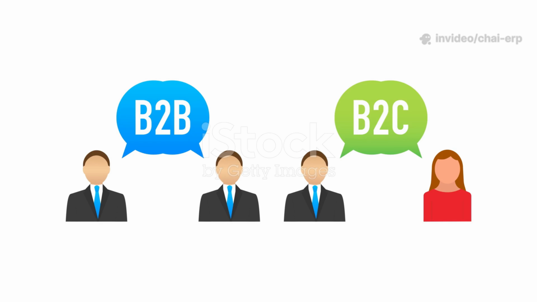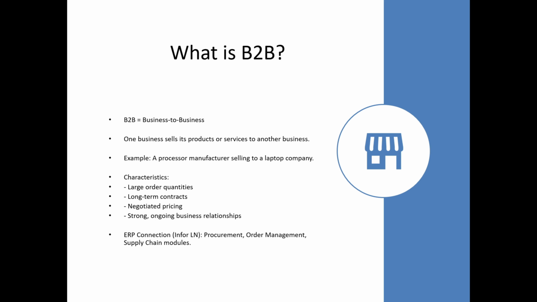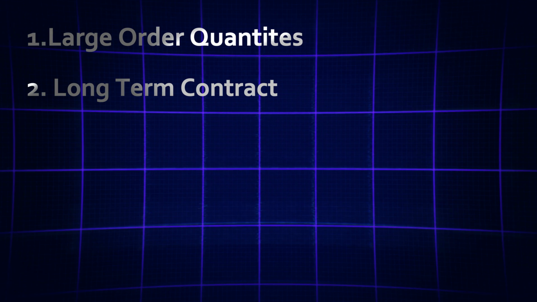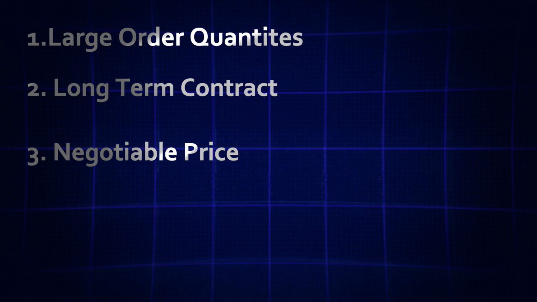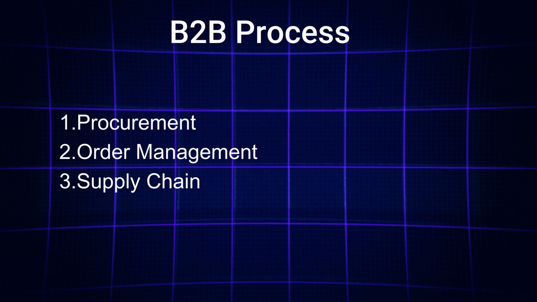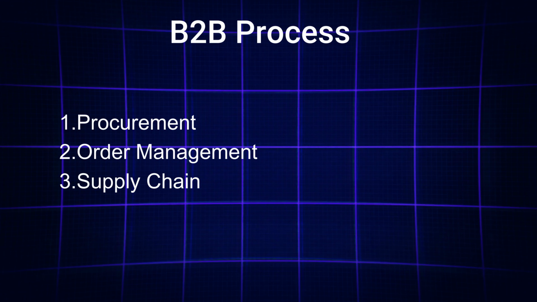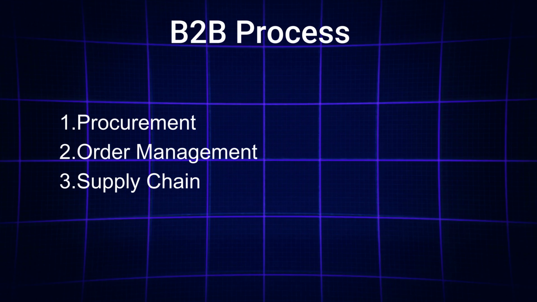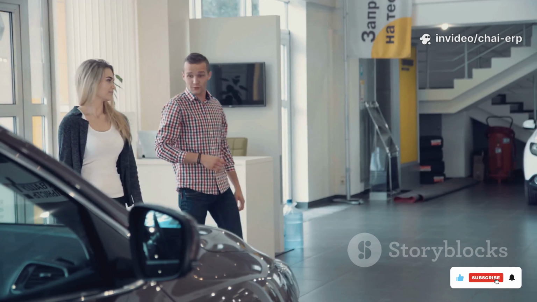Coming to that, B2B generally involves large order quantities, long-term contracts, negotiable pricing between the two parties, and close ongoing business relationships. In ERP systems like Infor LN, SAP, Oracle, Dynamics 365, the B2B processes are managed through modules such as procurement, order management, and supply chain, where both the buyer and seller businesses interact and exchange data.